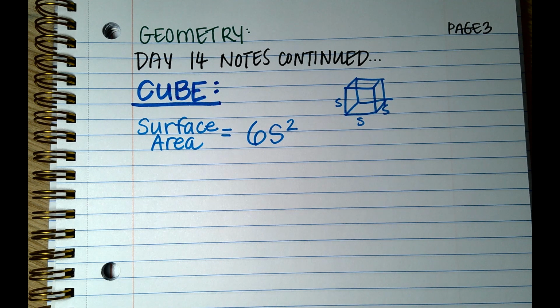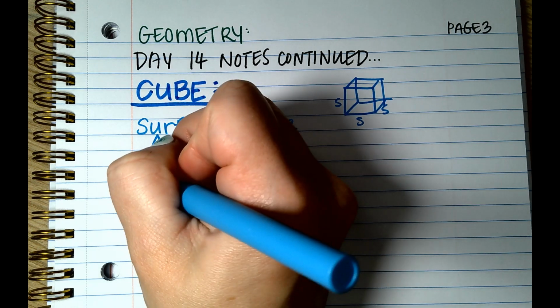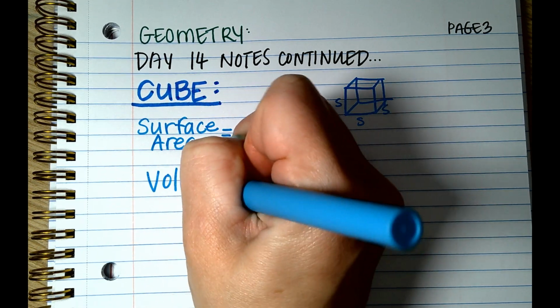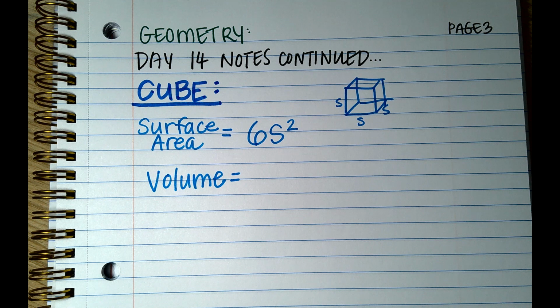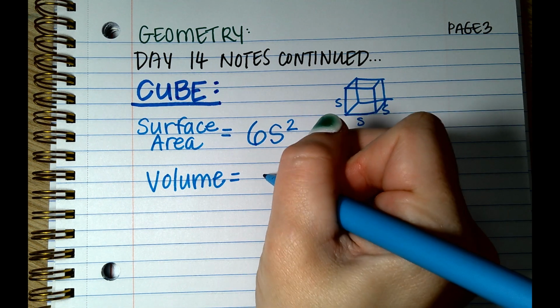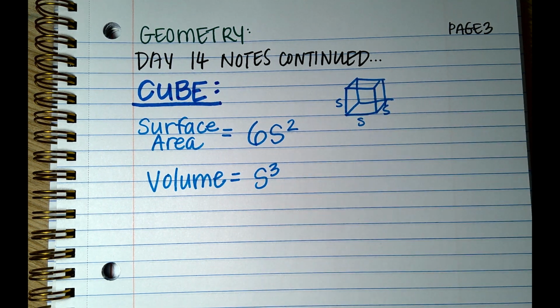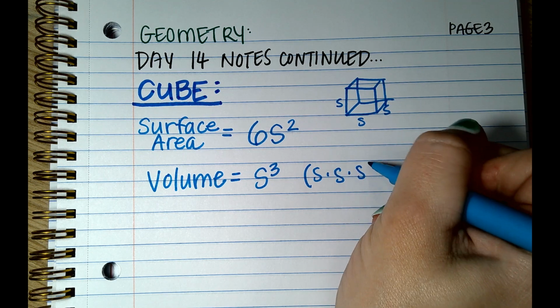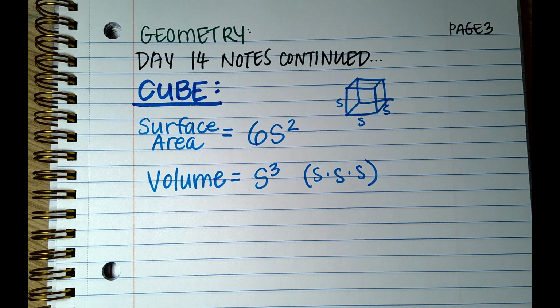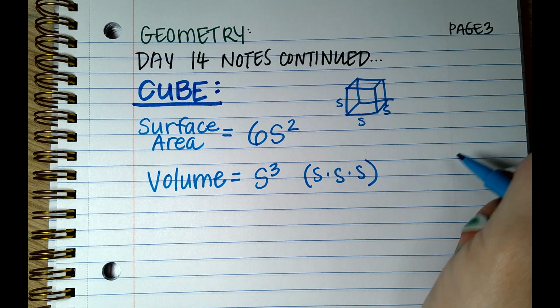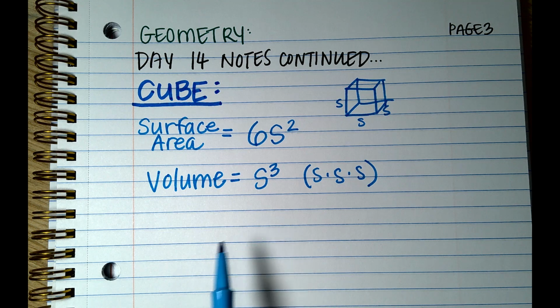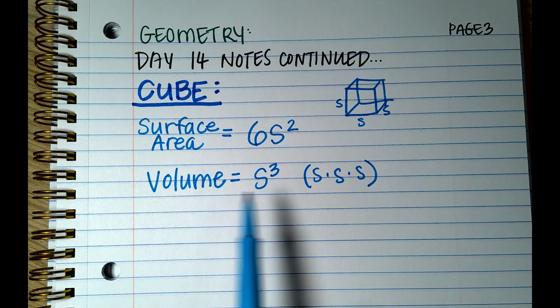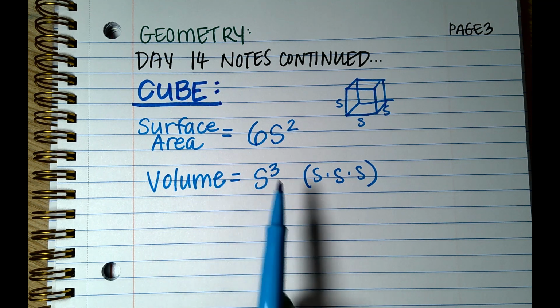And we also have a volume formula. And that formula is just S cubed, which means S times S times S. Now, does anybody have an idea of where the S cubed may have come from?